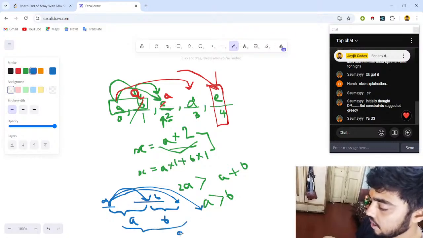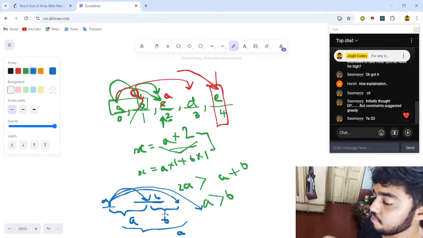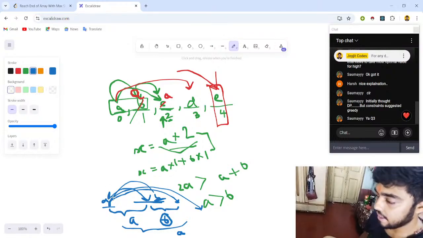Now when will you choose to jump to this position? You will only choose to jump to this position if this b is greater than a, so that it gives you a better solution, since you're going to take the sum. So if this element is greater than the element from where I am jumping, then only I am going to take it.